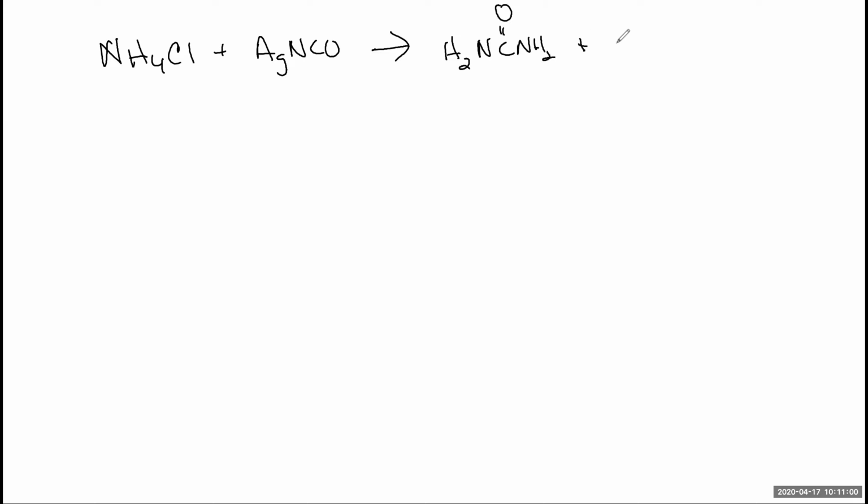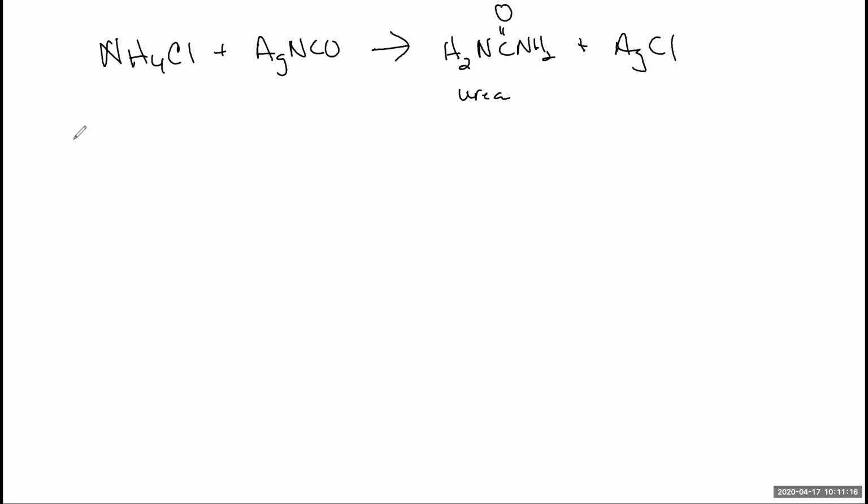Here's the reaction that we'll use: NH4Cl plus AgNCO is going to turn into, I'm just trying to pick different kinds of reactions that you haven't seen, urea. This is the compound called urea. It's a waste product found in all mammals and birds. It's actually, that's form uric acid is the white stuff in bird poop, actually.